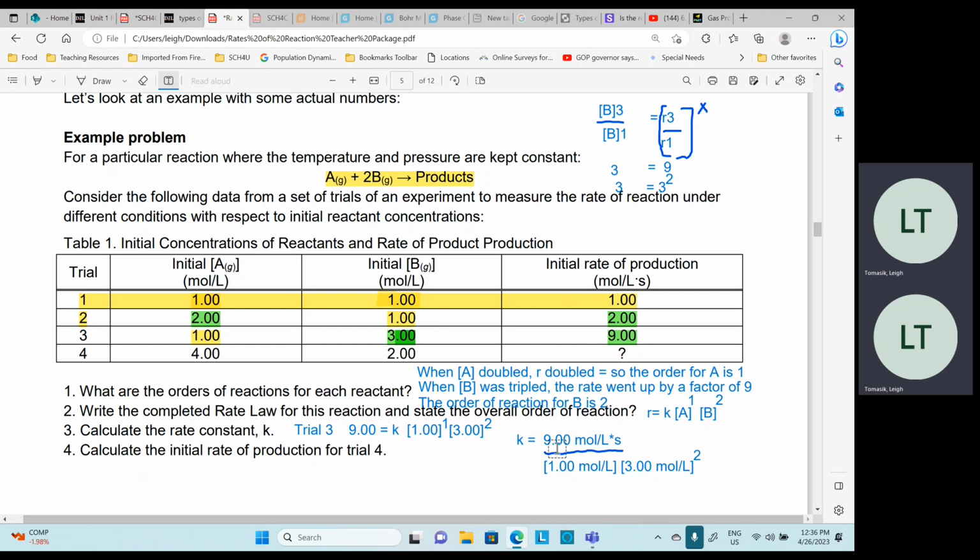So we're going to have 9 on the top, and 1 times 3 squared, we're going to have 9 on the bottom. So our K is equal to 1. But what are the units of K? We have a mole per liter on the top.